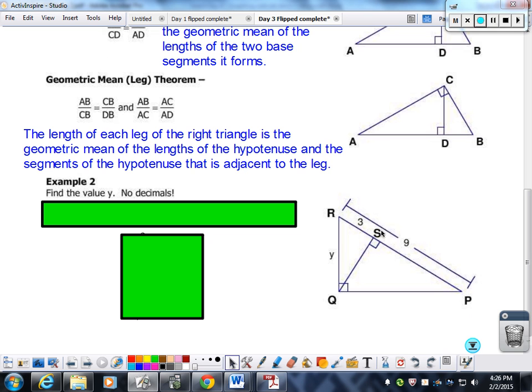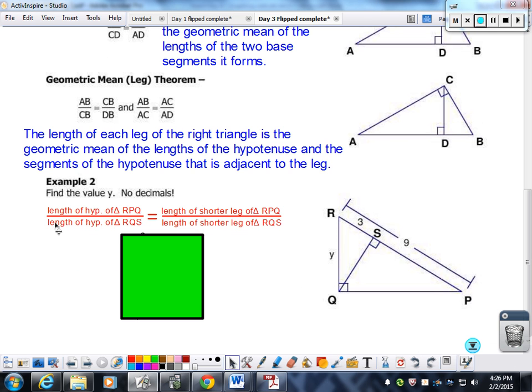Here's an example. We've got a triangle, we've got some measurements in here. Let's plug some things in and see what we get. We want to find the value of y in no decimals. You got to reduce those radicals. So the length of the hypotenuse of triangle RPQ, which is our big triangle, over the hypotenuse of our small triangle is going to equal the short leg of the big triangle over the short leg of the small triangle.